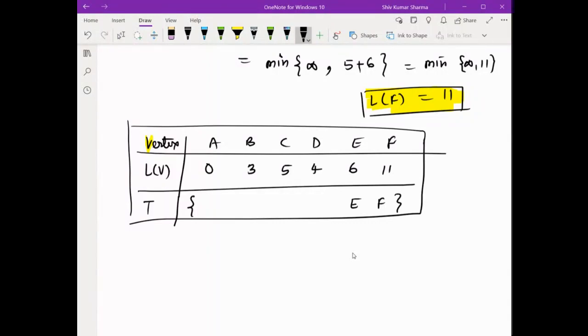So here we see the minimum level, which is LE equal to 6.